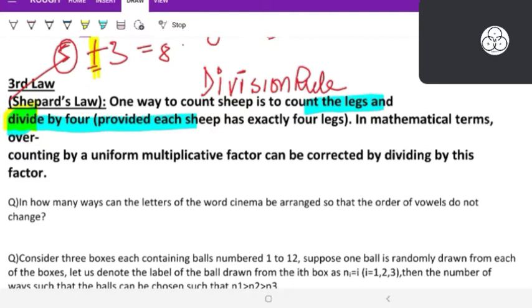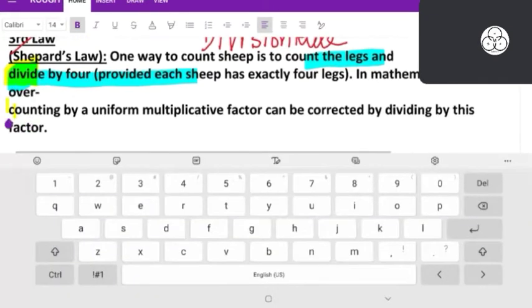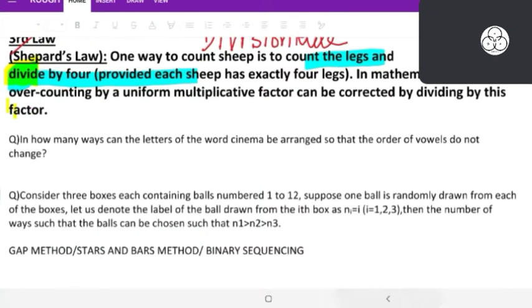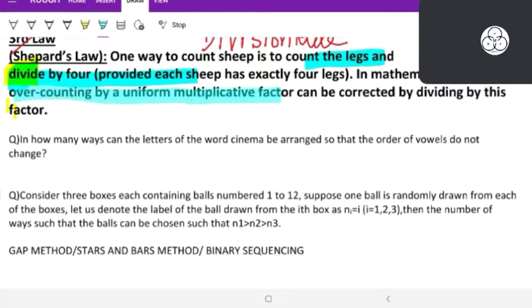So we are dividing, just focus. In mathematical terms, overcounting by a uniform multiplicative factor can be corrected by dividing by this factor. This is also an interesting and easy rule. Let's look at an example.